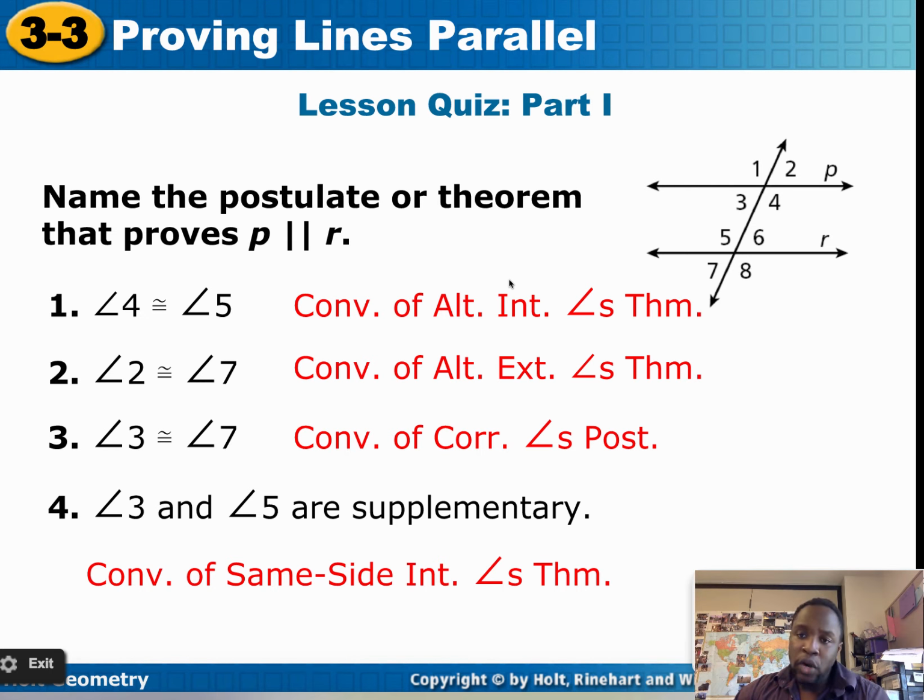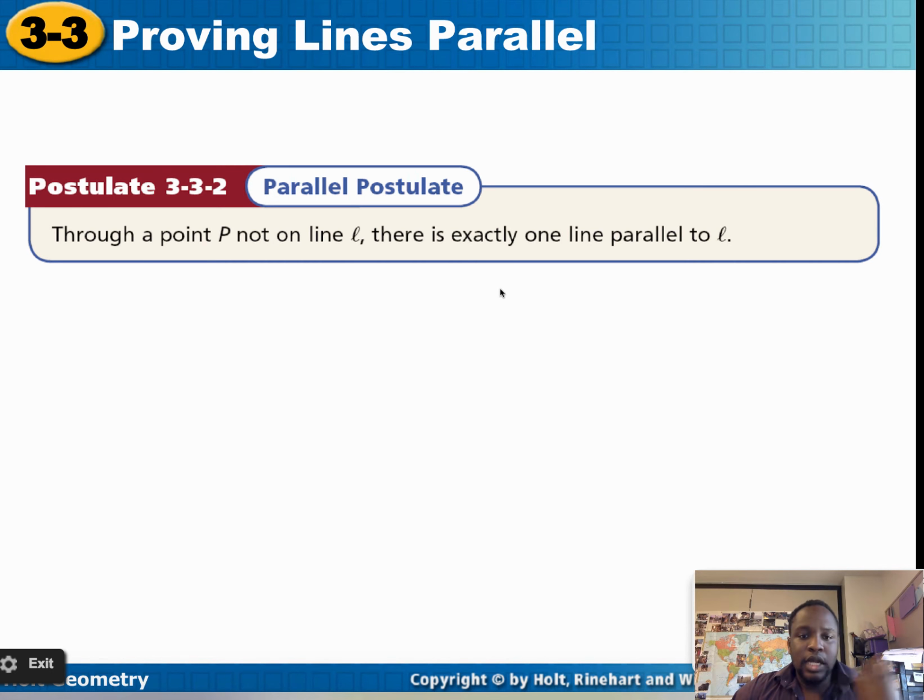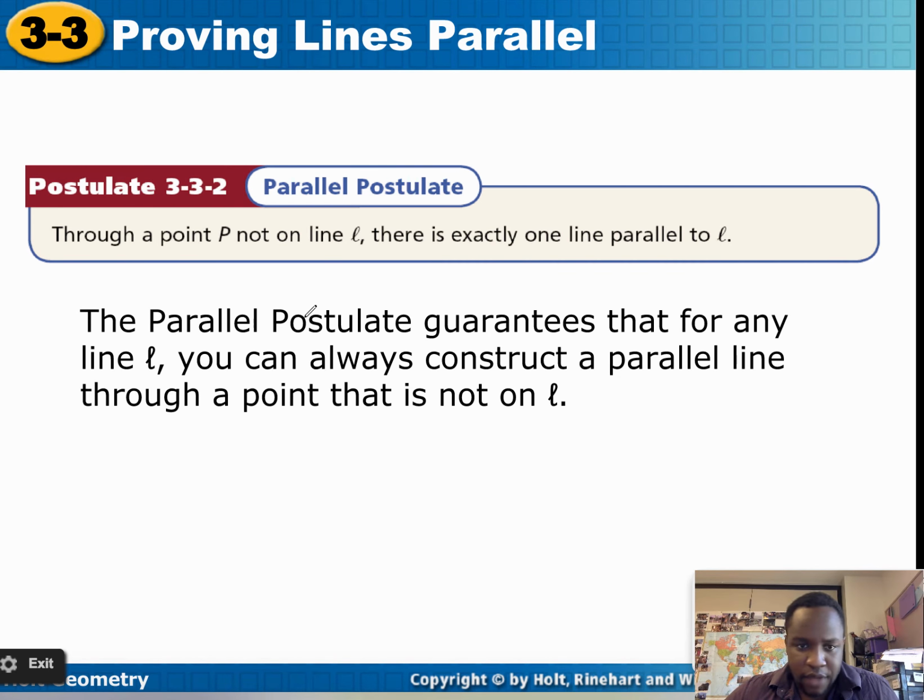And then just one last slide. This is kind of a precursor to when we come back to 4.6. So through a point P, not on a line. So if we have a point and a line, there is exactly one line that is parallel.